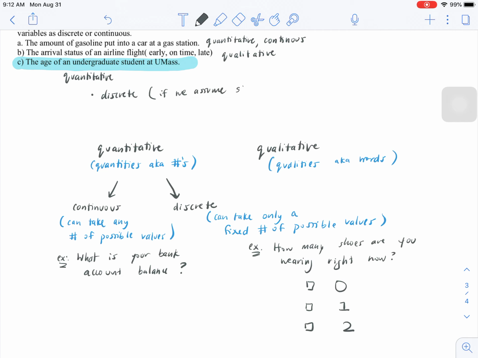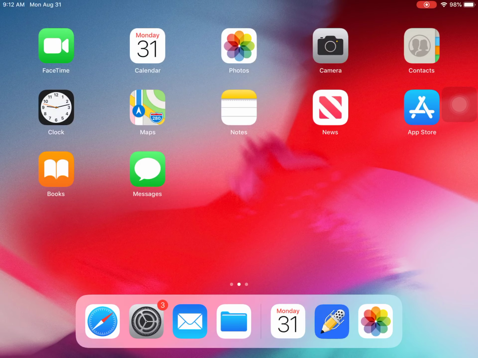So it's discrete if we assume students are between 17 to 23. Or you could make an argument for saying it's continuous, because there's students of all ages out there. So we can say it's continuous if we assume students are of many ages on campus.